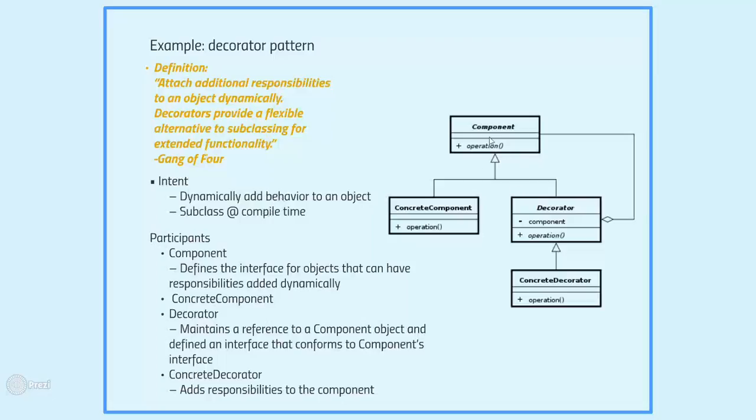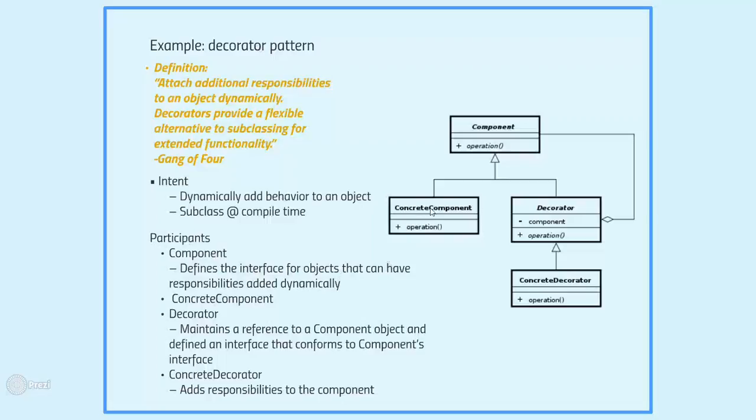If we look at the class diagram here, these are the participants of the decorator pattern. First we have the component, which defines the interface for objects that can have responsibilities added dynamically.